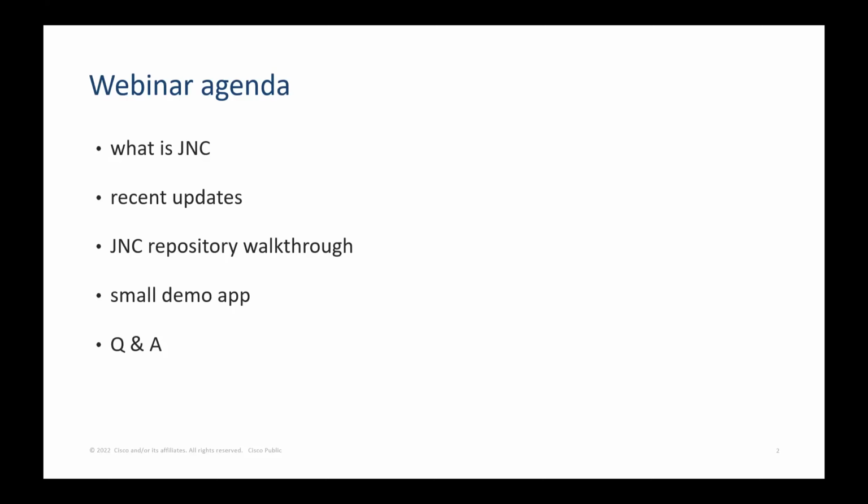JNC is publicly available on GitHub, so we'll see what's available and what we can use. Then I'll show you the source code of the example apps that are included in the JNC repository. And if we have time afterwards, we can go over the questions from chat. I'll also show some links to the repository that you can use to discuss or raise issues, questions, and such.